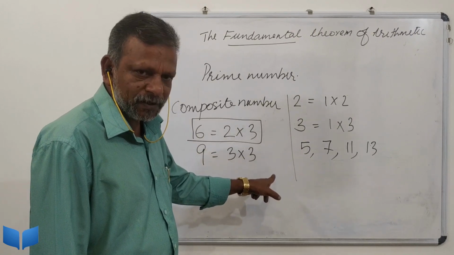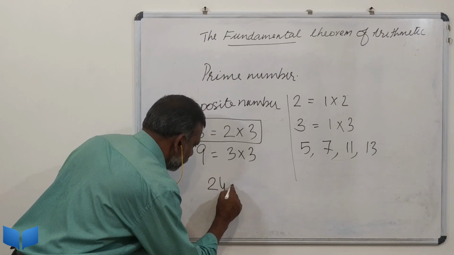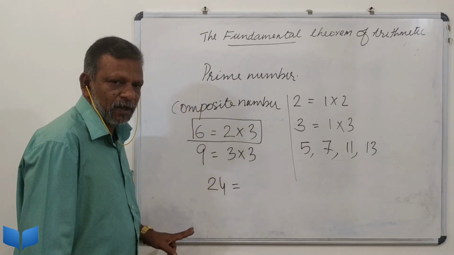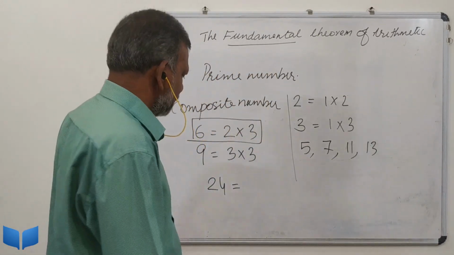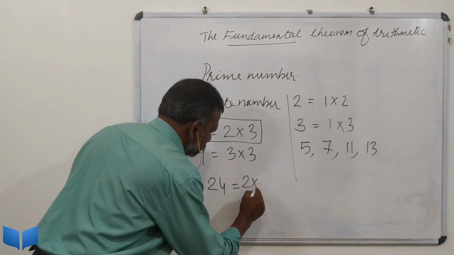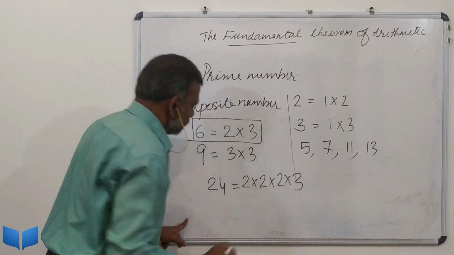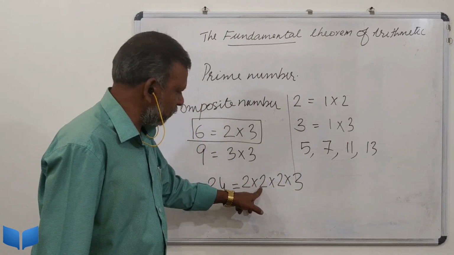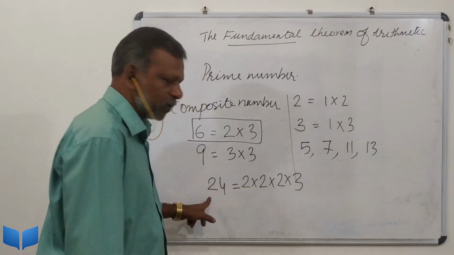In another example, 24 can be expressed as the product of its primes, that is 2 into 2 into 2 into 3. This is the prime factors of 24.